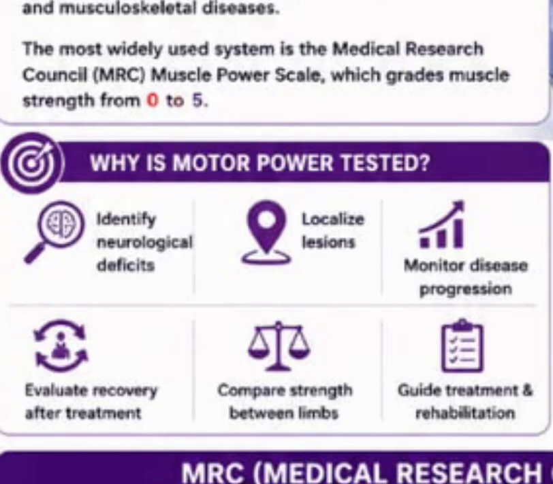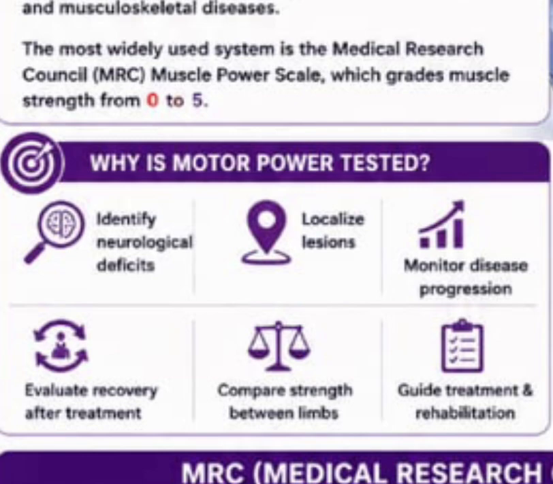Area 4, area 6, area 3-1-2, which are the primary motor cortex, the premotor or supplementary motor cortex, and the primary somatosensory area. Or whether there's a lesion in the basal ganglia, or whether there's a lesion in the cerebellum. Any of these pathways we are using to check for any neurological deficit.